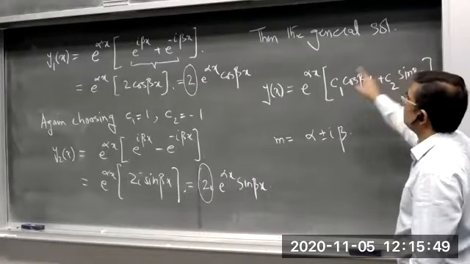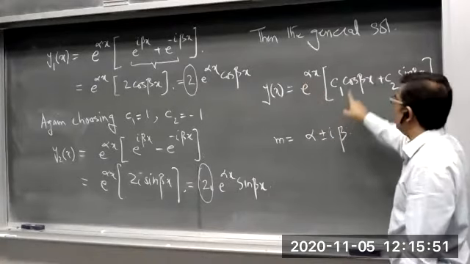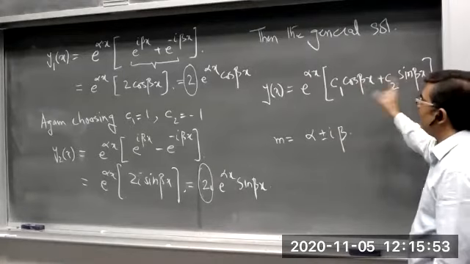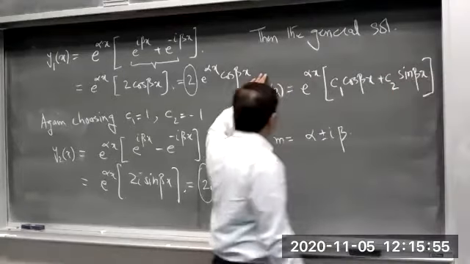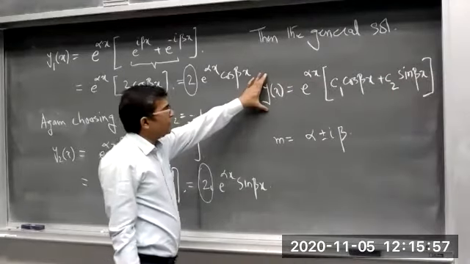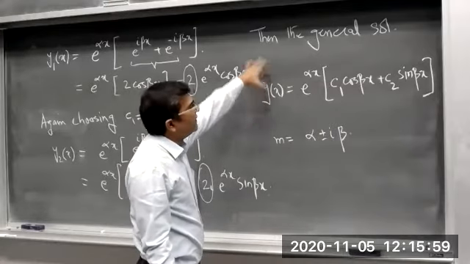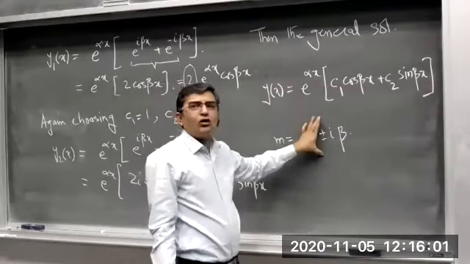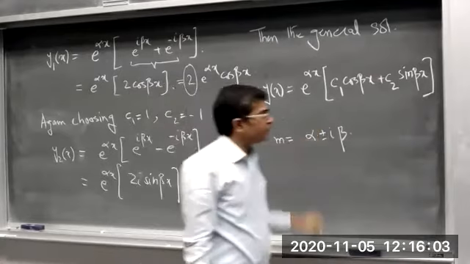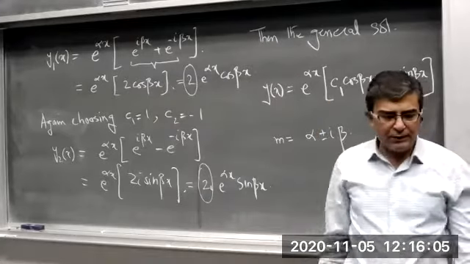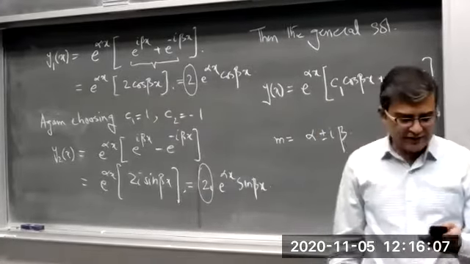So alpha comes here, beta comes here in the cosine and sine functions. So this is a more simplified form of the general solution in the third case when the roots are complex conjugate of each other. Now let's do a couple of examples of all these three cases.